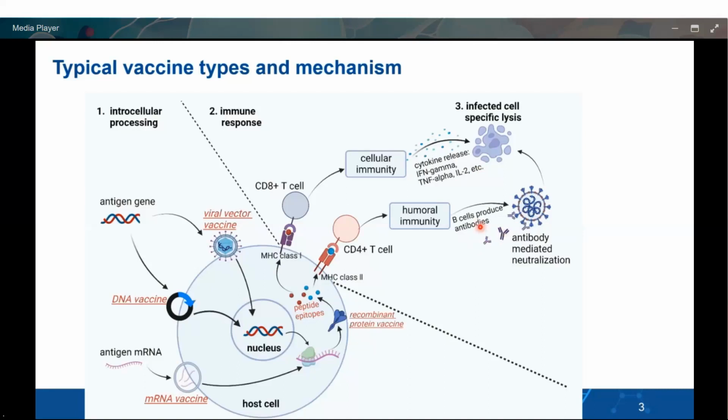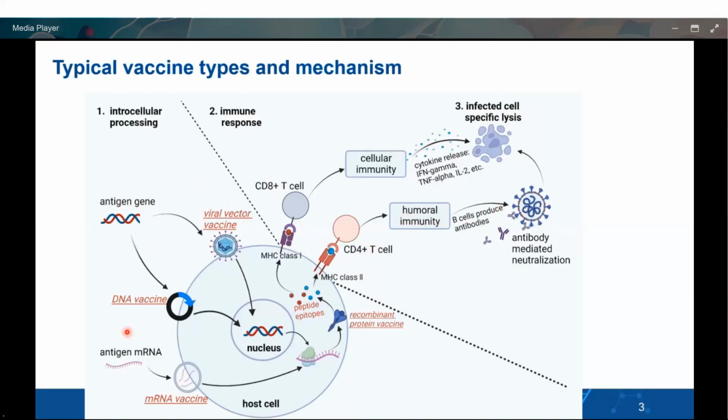After this immune response, the third step is the infected cell specific lysis. That's the way to check whether the vaccine is effective or not. So that's the whole mechanism and steps.